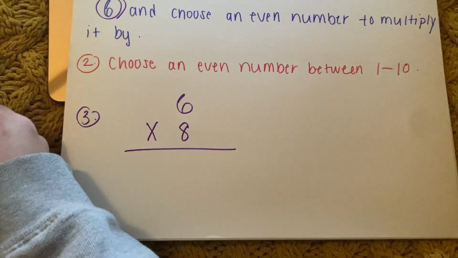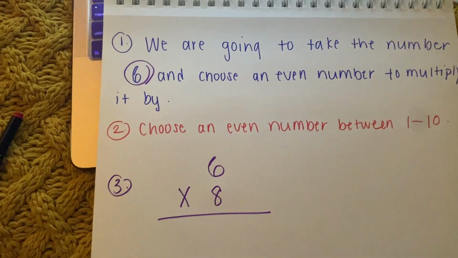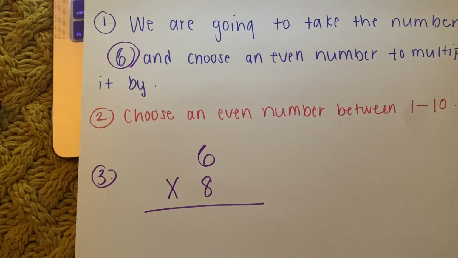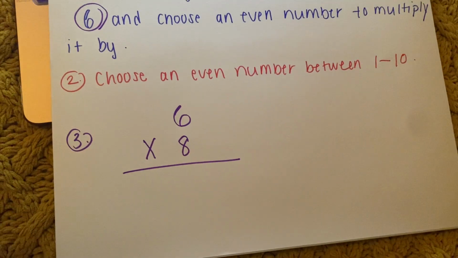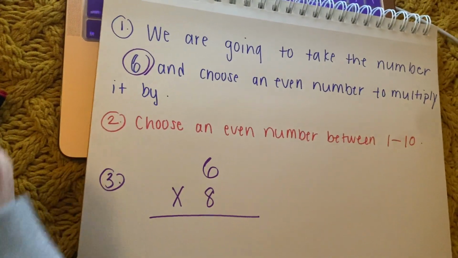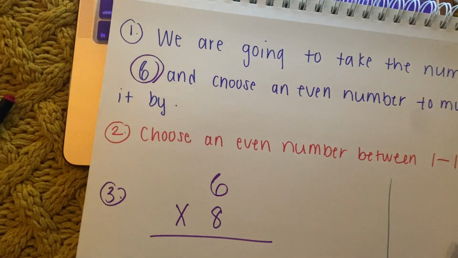Okay, so the next step of the problem, the algorithm says that the tens digit is going to be half of the even number. So I'm also going to write that down right over here.